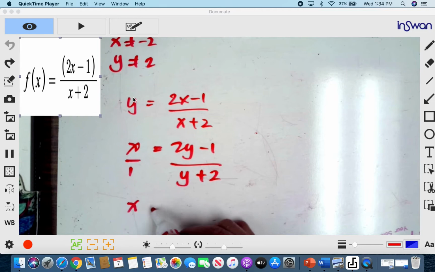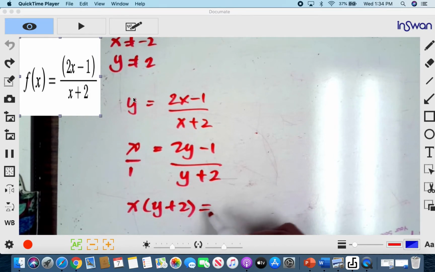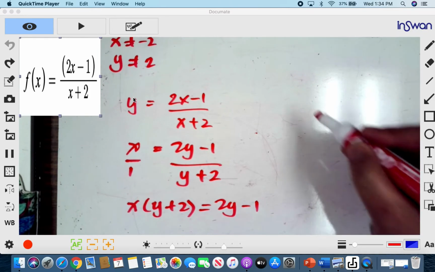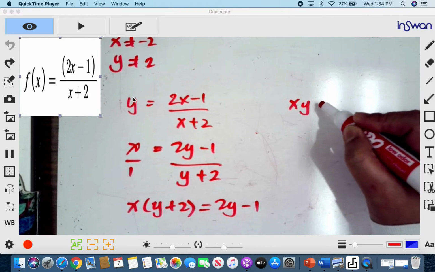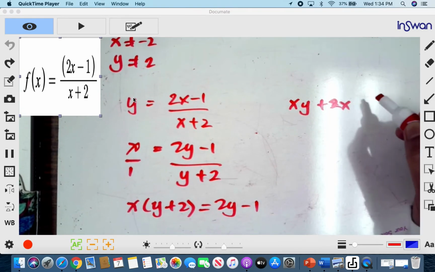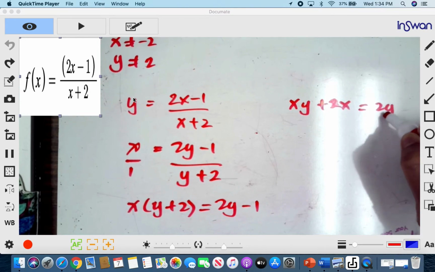So you have x times (y plus 2) is equal to 2y minus 1. And of course, we need to let this out of the prison, because we need to put the y's together. So you have xy plus 2x is equal to 2y minus 1.